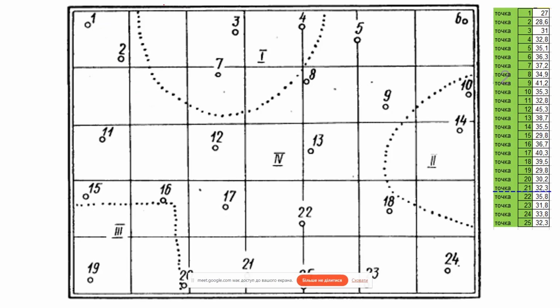We just need to write down these values near every point. 27, 20, 28.6, point number 3, 31, point number 4, 32.8, 35.1, number 6, 36.